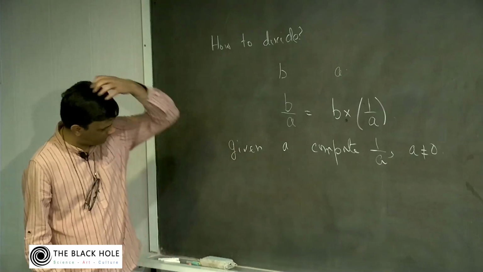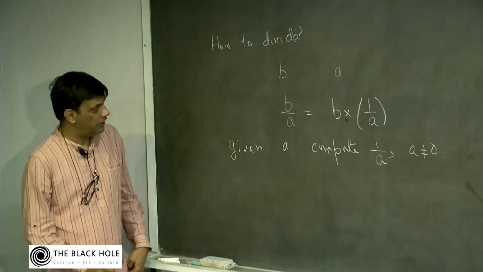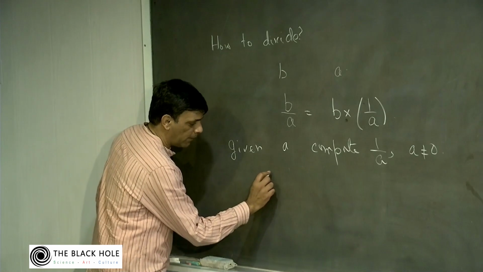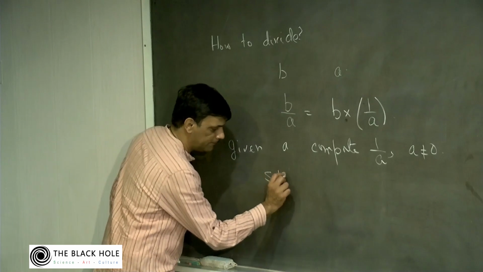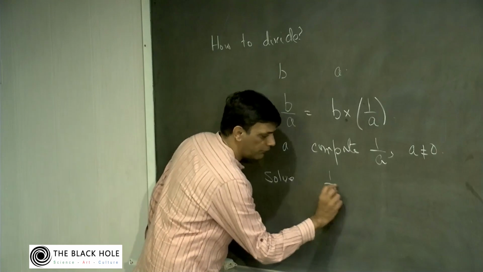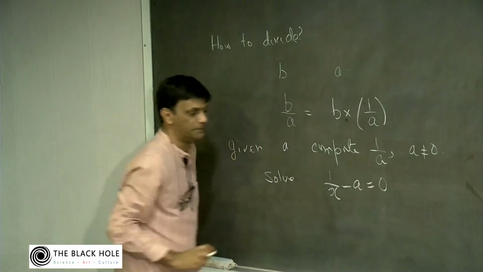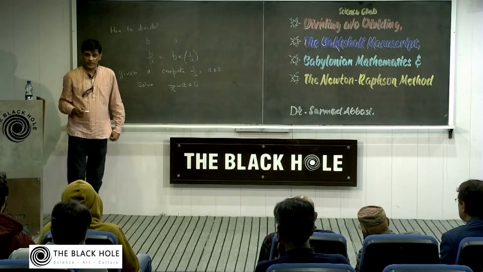So instead of finding the inverse, I'm going to solve a harder question, which is: solve this equation, 1 over x minus A is equal to 0. Okay?